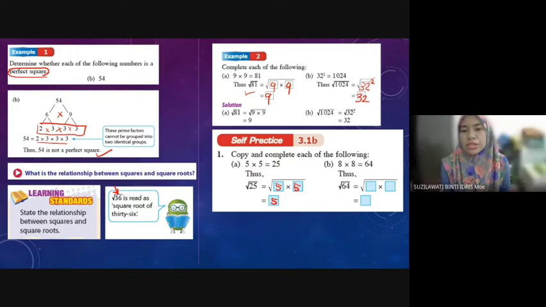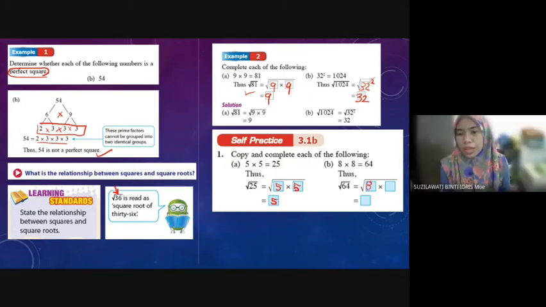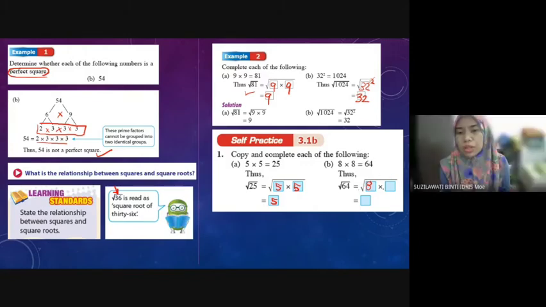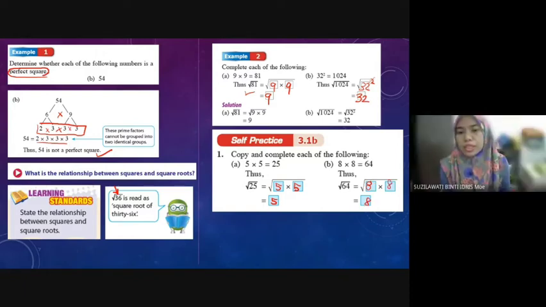Square root of 64 equals square root of 8 multiplied by 8. You don't leave the square root symbol. Square root of 8 multiplied by 8 equals 8.